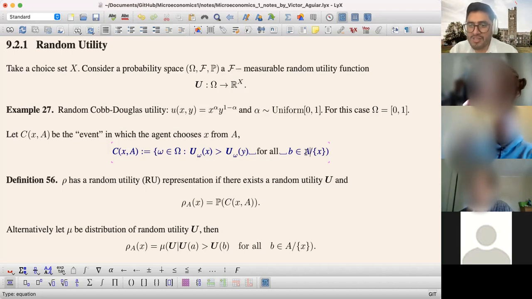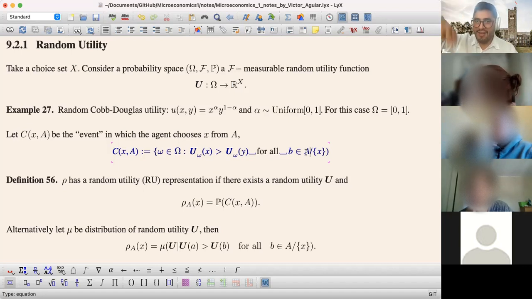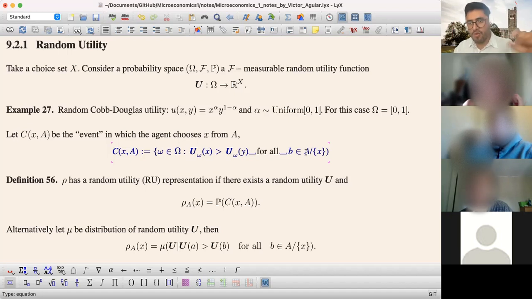The random utility model is not designed to capture awareness because, as you can see from my description of the model, it just maps any omega to a utility. So it still requires that you rank everything in the choices, and you are aware of everything. So the way to hack it to introduce attention is by creating an omega that sends the things that you do not pay attention to to the very end of the ranking. So they are the worst according to the utility connected to that omega. But that's a hack of the model, right?